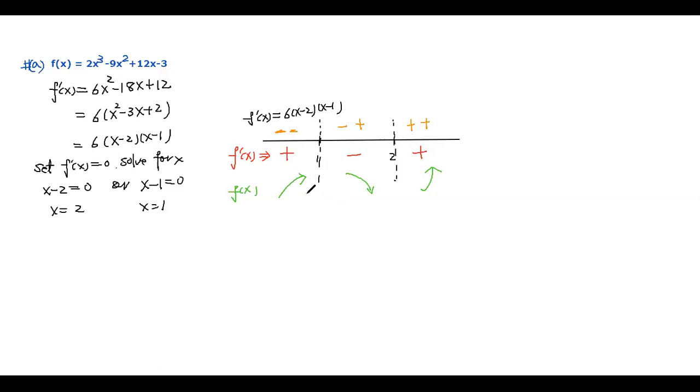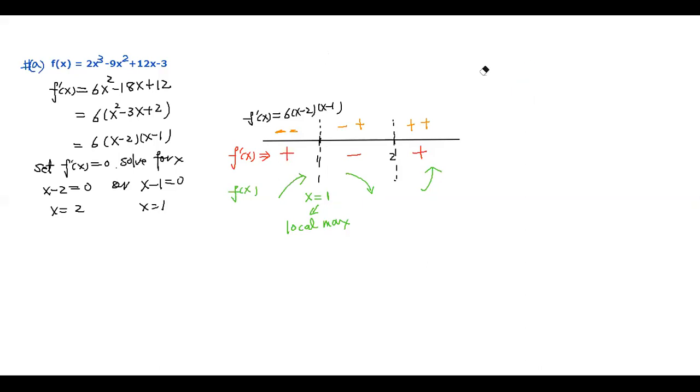So x equals 1 is my critical point, and here I'm going from increasing to decreasing, so I have a local max, because this graph looks something like this. That's why you have a local max here.